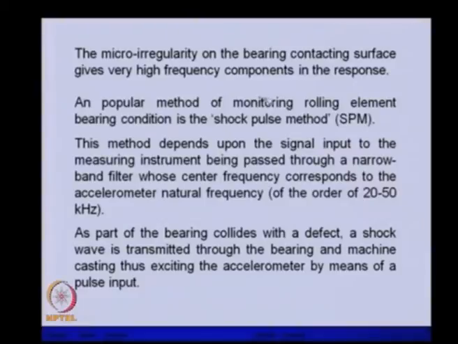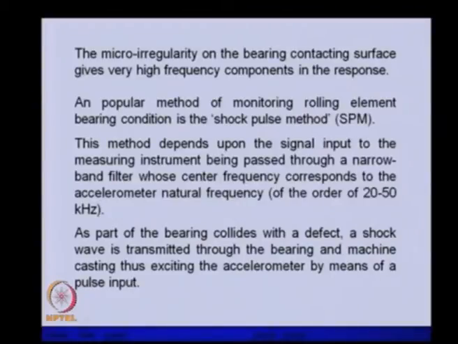A popular method of monitoring rolling element bearing condition is the shock impulse method. The basic principle of this method is that the signal input to the measuring instrument, like an accelerometer, is passed through a narrow band filter whose central frequency corresponds to the accelerometer natural frequency.